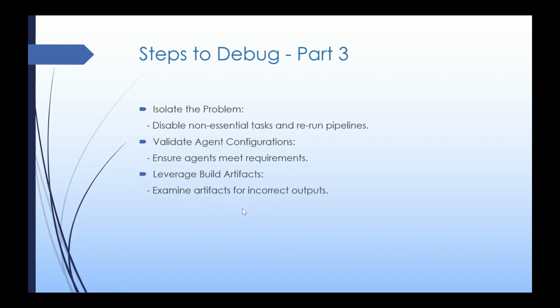If your code is not built properly, of course your application is not going to run. So make sure that it is built properly and stored correctly inside some of the artifact repositories.